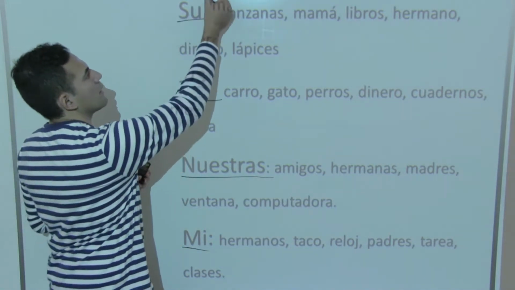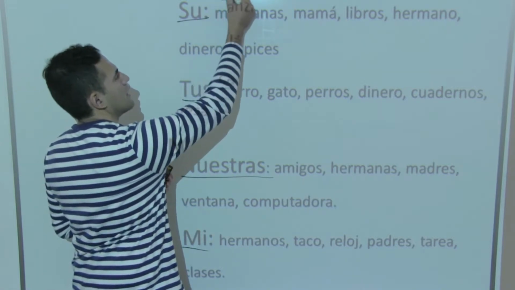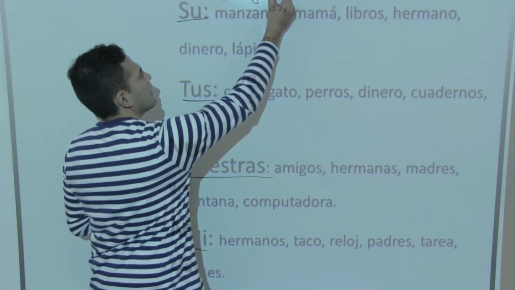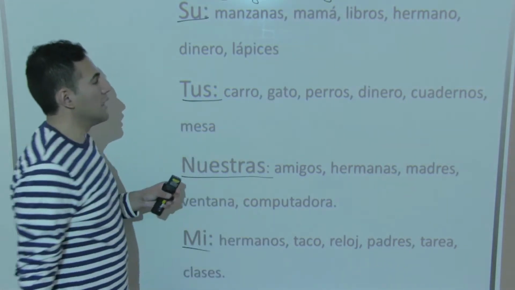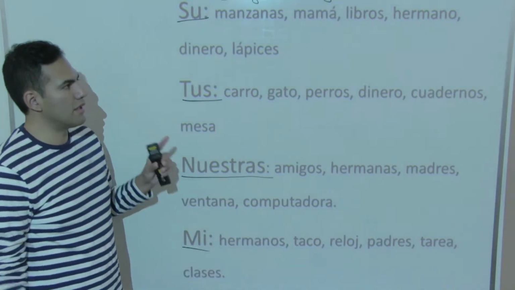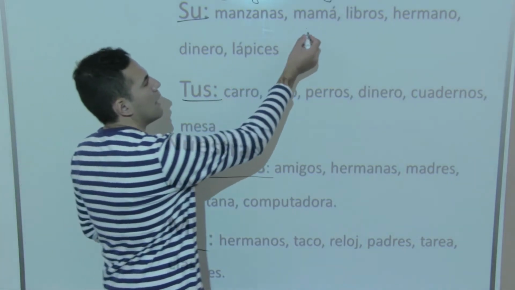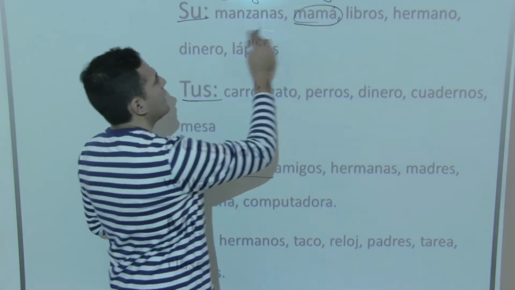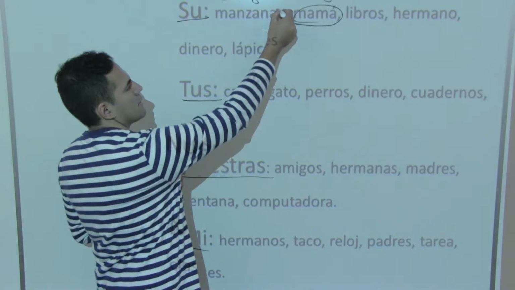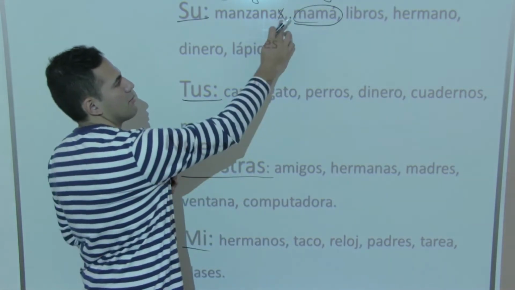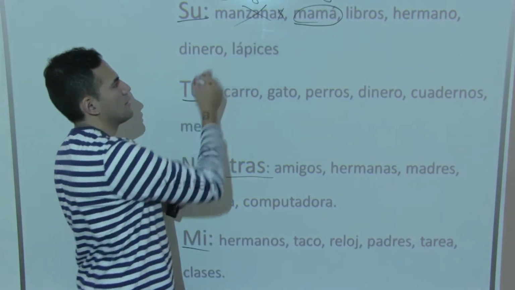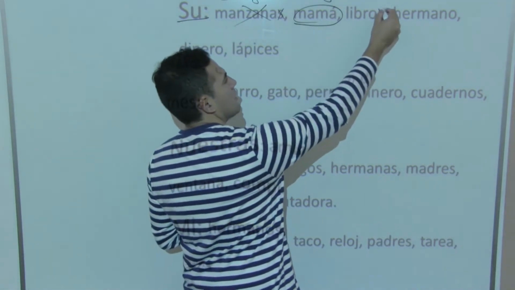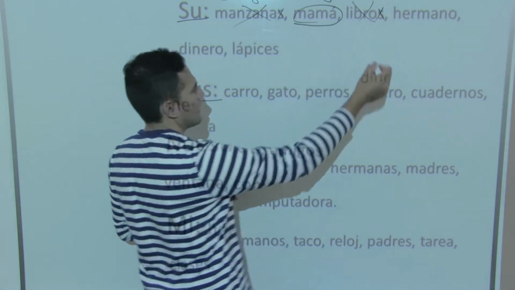Su. We know we use it for singular things, right? Singular things. So we are going to choose the singular stuff. So in this case, mamá, it's singular. Su manzanas, no, because it's plural. We're talking about a couple of manzanas, so this one doesn't work. Libros, no, because it has the S, so that doesn't work either.